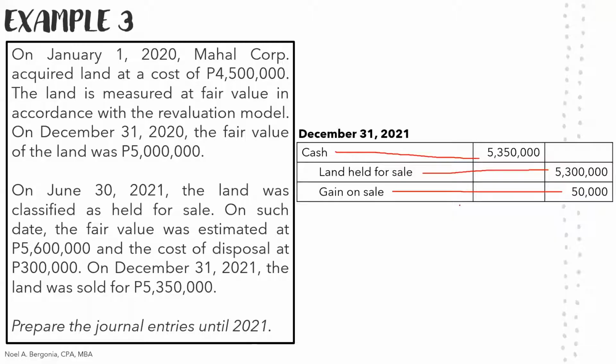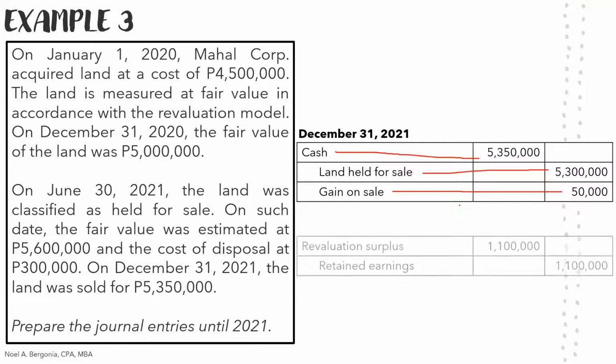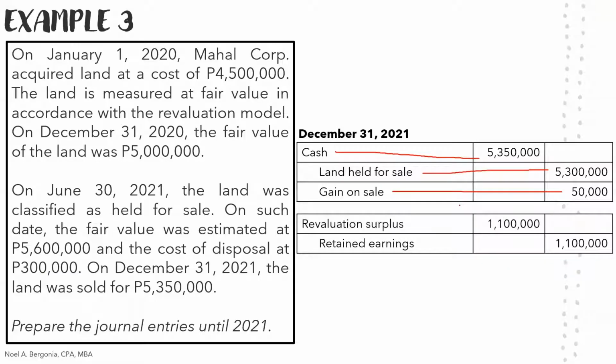Same with our retained earnings, which was mentioned before sa ating PPE discussion, na if you have derecognized your asset or baka nagpo-proportional ka, di ba, na transfer from revaluation to retained earnings, then at the date of disposal, dapat wala na po tayong matitirang revaluation surplus. So yung ating buong revaluation surplus kanina na hindi naman transfer sa retained earnings should now be transferred to retained earnings.